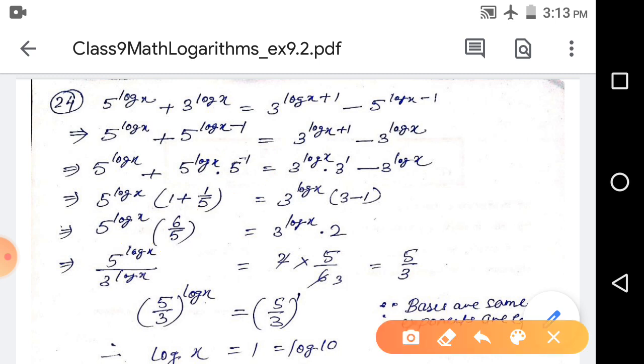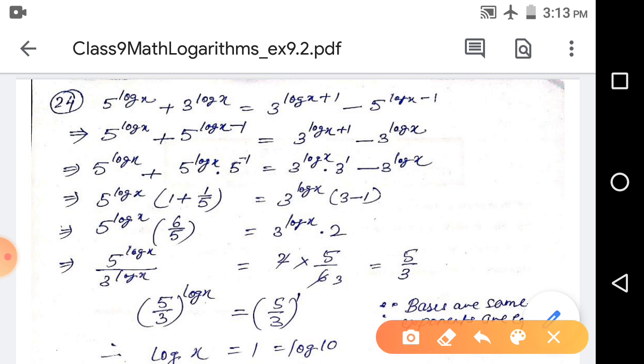Now see the RHS part, we have 3 to the power log x and here 3 to the power log x also, so this 3 to the power log x can be taken common. What is left here is 3 to the power 1, that means 3, and from here we have the multiple 1, minus 1 left.